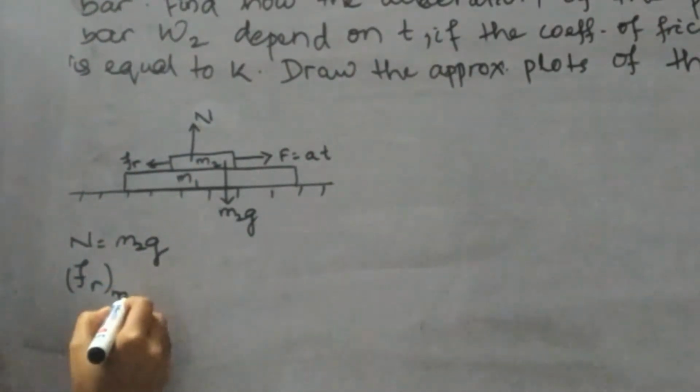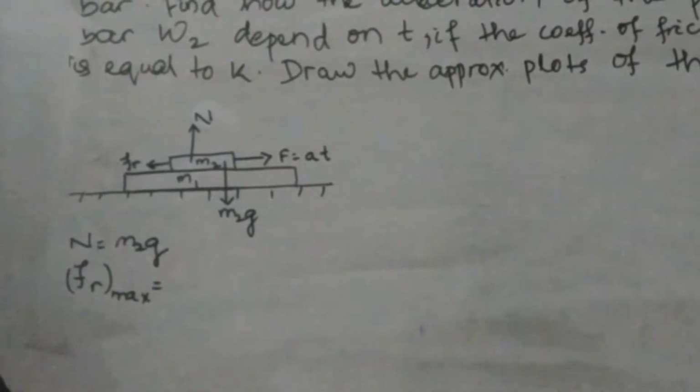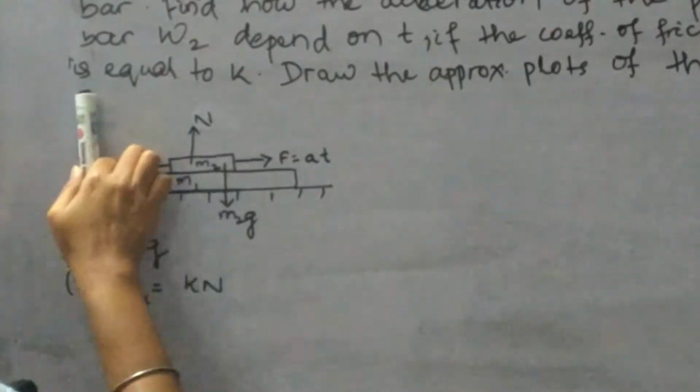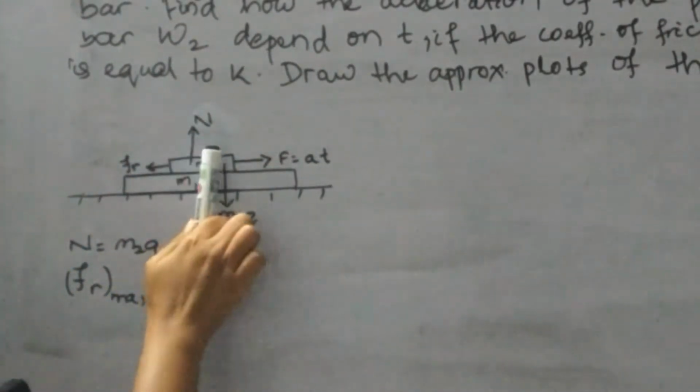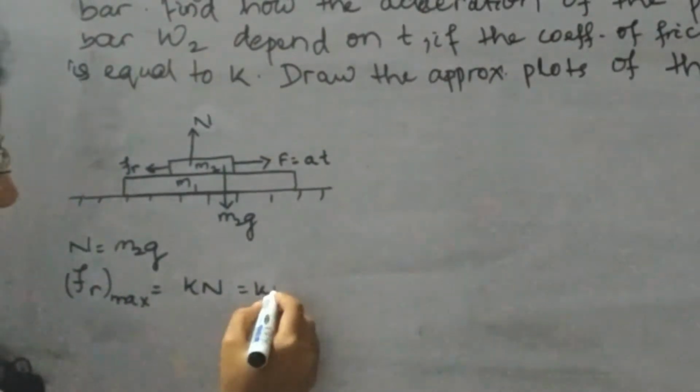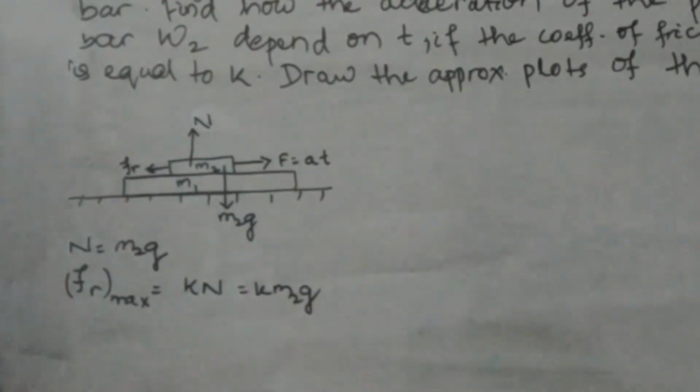So the maximum value of friction is equal to K into N, because it is given that the coefficient of friction is K between bar and the plank. So K into N, that is K into m2 into g.